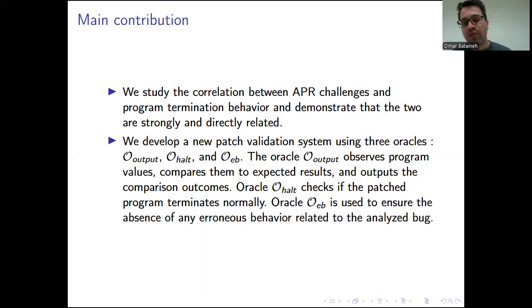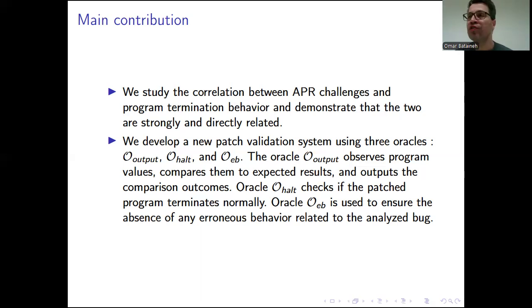The second key contribution is that we develop a rigorous patch validation system that doesn't only rely on the test suite output, but adds two extra validation oracles. One is O halt. As I mentioned, it checks the proper, successful halting or termination of the patch using program analysis techniques like termination provers.